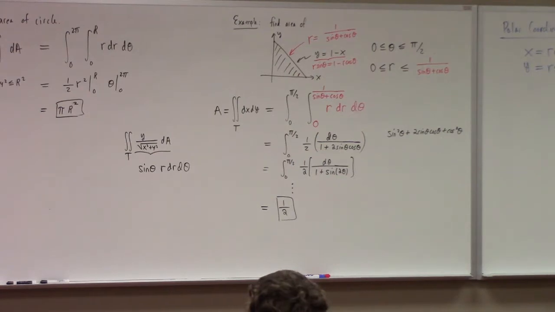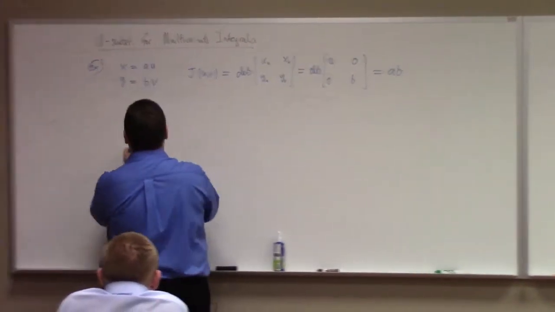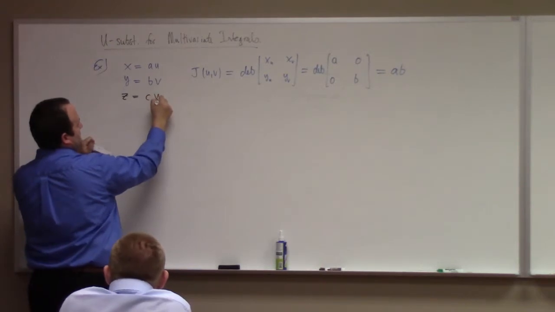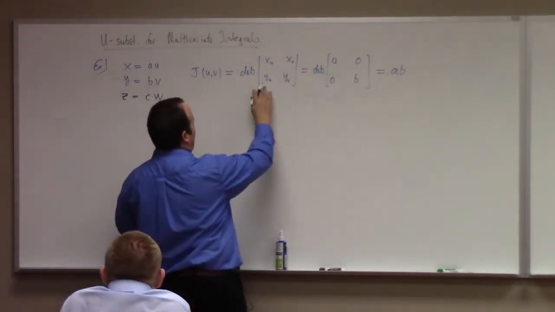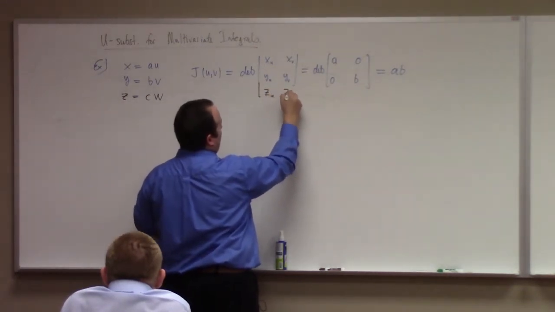What if you have 3 variables? What does this look like in 3 variables? Like so, right? And you know what happens? You just add another letter.